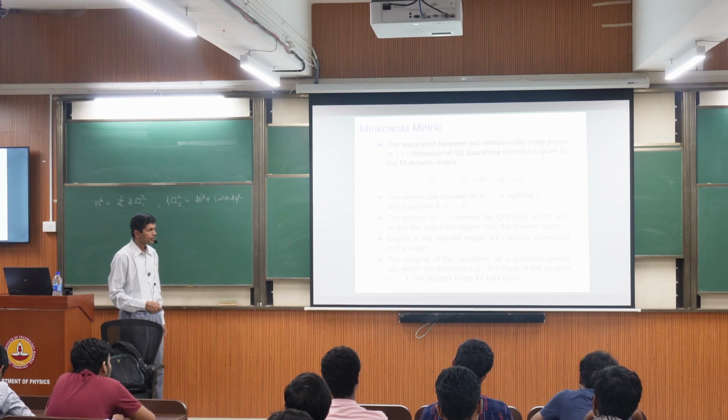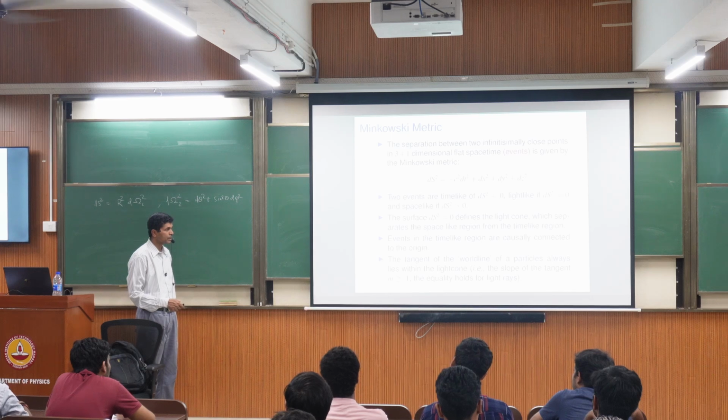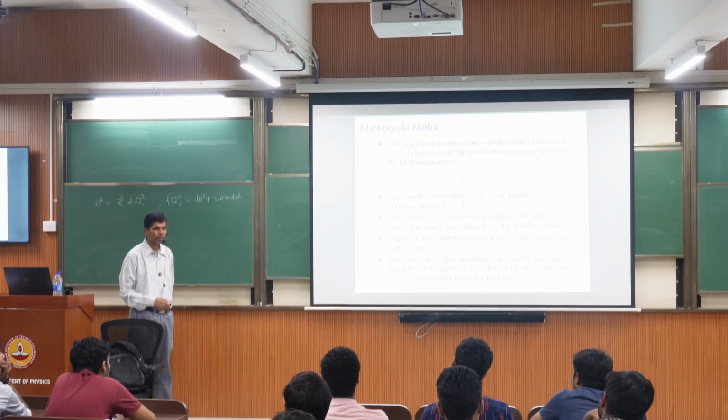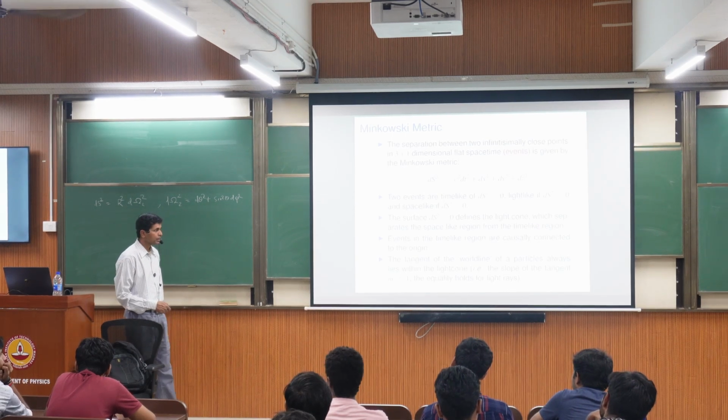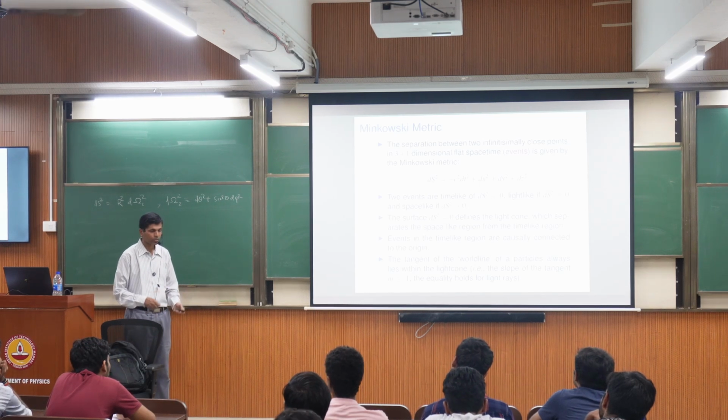And then there is a very interesting notion, basically called a light cone. Okay, so the light cone is used to consider various trajectories of particles and see whether they are light-like, space-like or time-like.